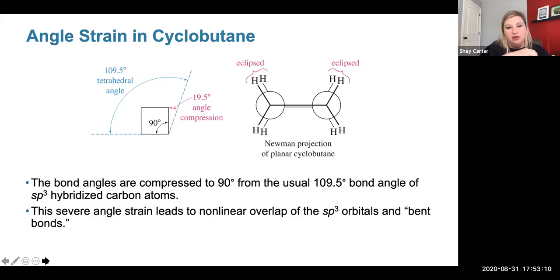So severe angle strain leads to nonlinear overlap of the sp3 orbitals and bent bonds. This is what I was showing you in the cyclopropane that I had put together. So those bonds are bent and they don't overlap very well. So they don't like being like that.